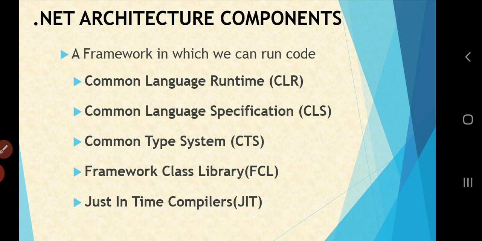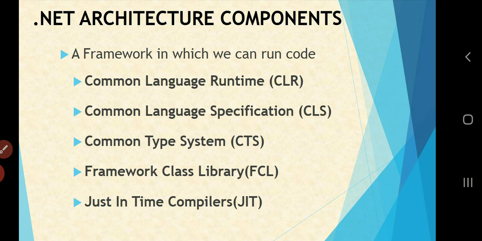The FCL contains thousands of classes which provide access to Windows API and common functions, structures, IO, streams, threads, security, network programming, Windows programming, web programming, data access, etc. The best part of this library is that it follows an extremely efficient object-oriented design pattern, making access simple and predictable. We can use the classes in the FCL in our program just as we would use any other class.